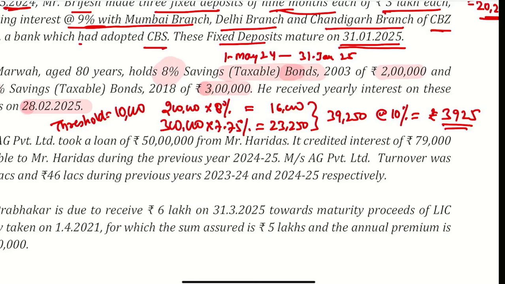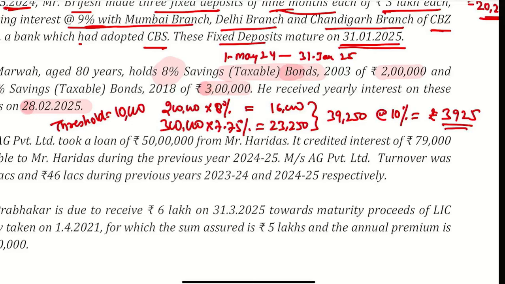Correct, Deepa. 2 lakh into 8%, 16,000, 3 lakh into 7.75%, 23,250. So on it, 10% would be the TDS rate. 3925, interest on securities. Done? Just write this. Other statements, I think that you can easily make.